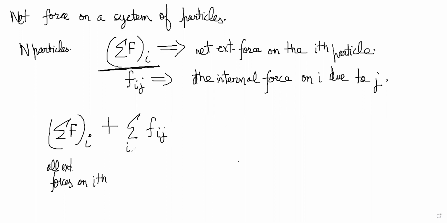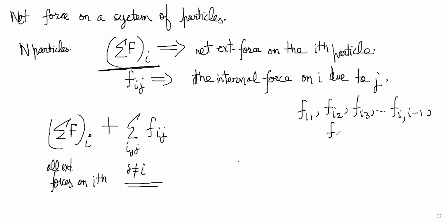So the summation over ij such that j is not equal to i. What does this summation mean? It means that, if i was fixed, you are taking the summation over i comma 1, i comma 2, i comma 3, and so on till i comma i minus 1, then i comma i plus 1, and so on, till i comma n.